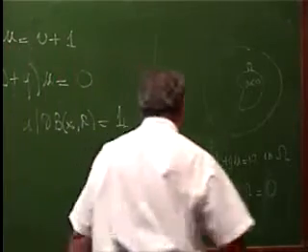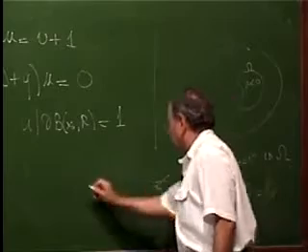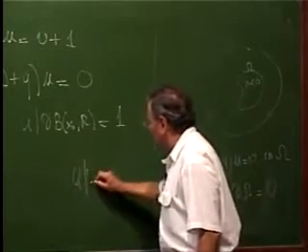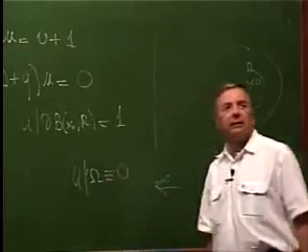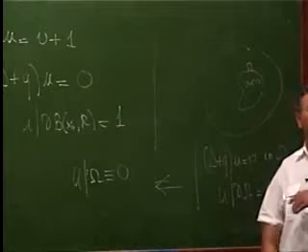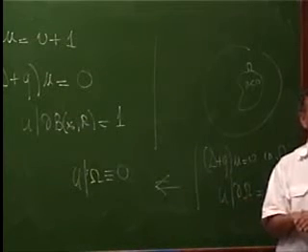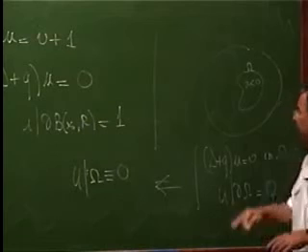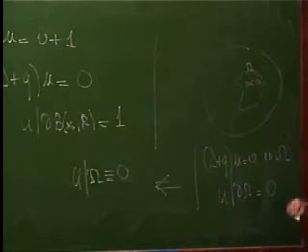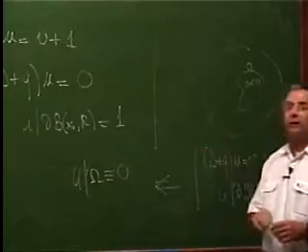And this is not possible because of the unique continuation property. So it tells you that U cannot take negative values. And then by the maximum principle, you conclude that U must be positive.